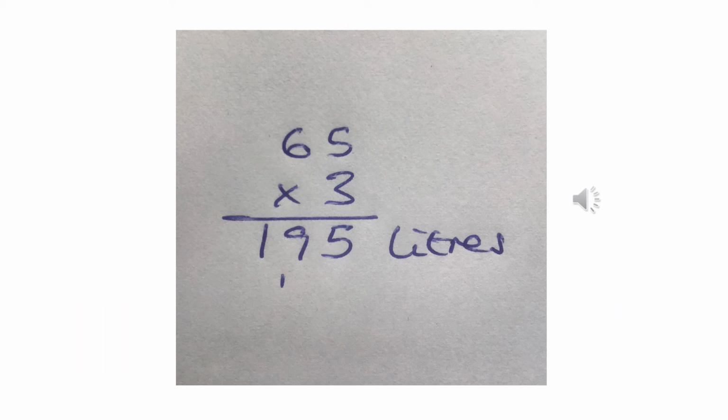And here it is. 3 times 65 litres. 3 times 5, 15. 3 times 6, or 3 times 60, makes 18, or 180. Add the 10, gives us 195 litres.